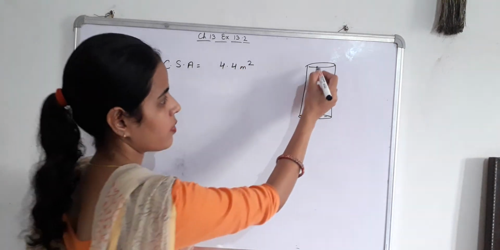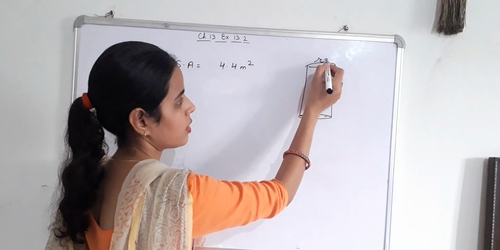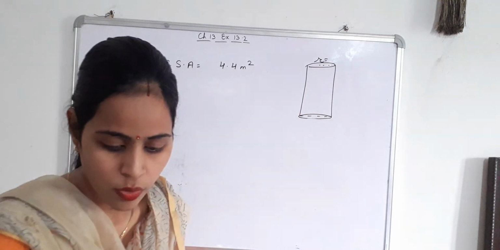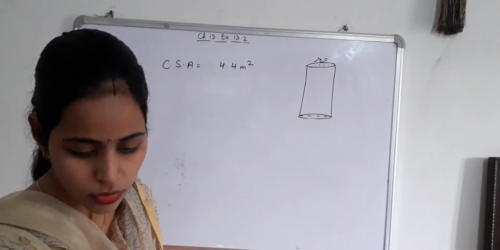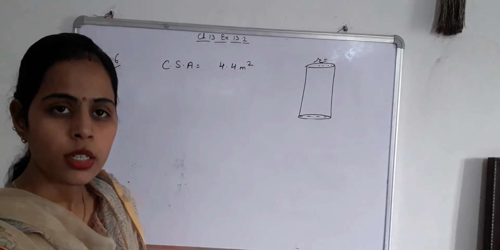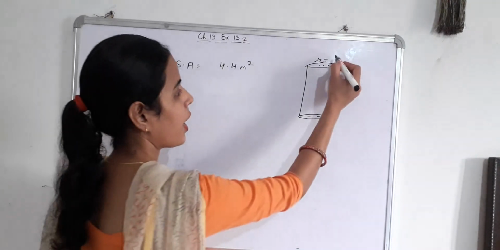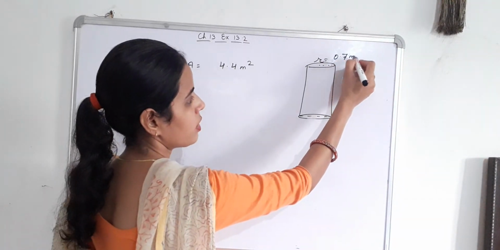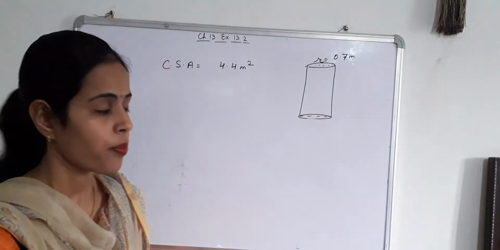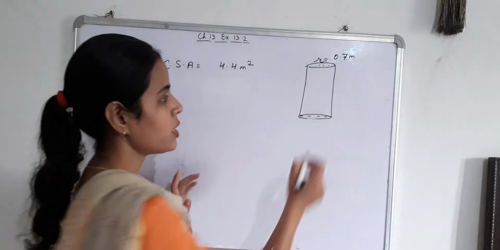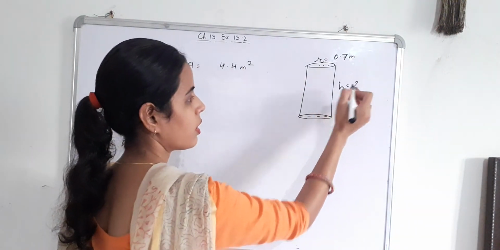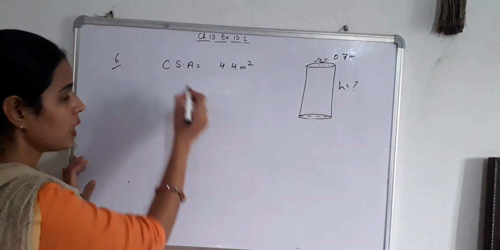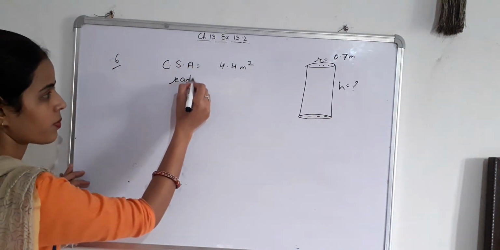Here radius equals 0.7 meter. Find the height of this cylinder.